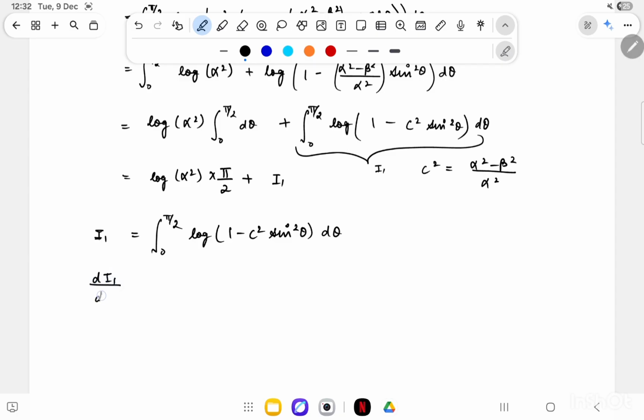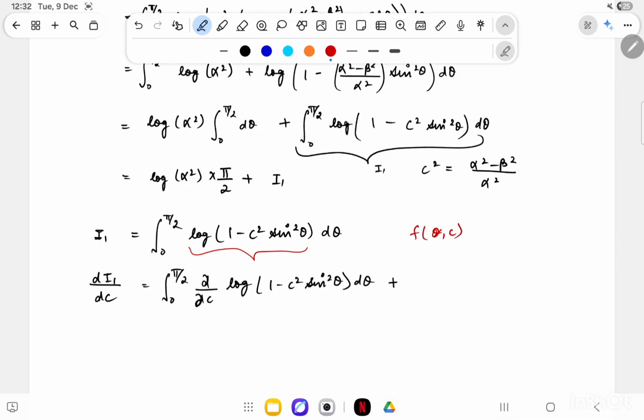So dI1 by dc will be equal to integration from 0 to pi by 2 of del by del c of log 1 minus c square sine square theta d theta plus, if this integrand is assumed as f of theta comma c, f of pi by 2 comma c times the differentiation of pi by 2 with respect to c minus f of 0 comma c times the differentiation of 0 with respect to c.